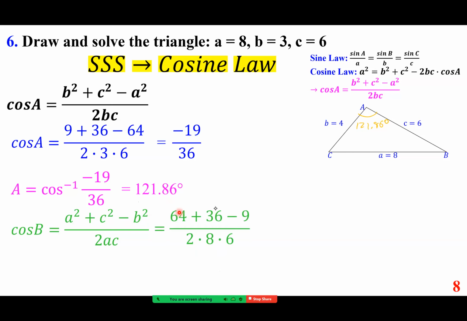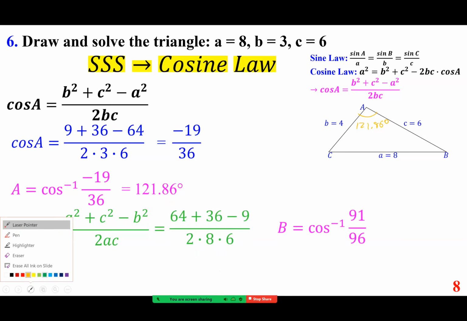So 64 and 36 is 100, minus 9, 91, over 96. So this is 91 over 96. So B is cosine inverse of that.